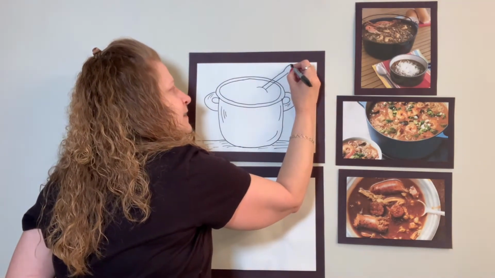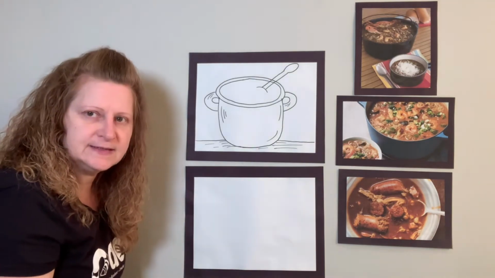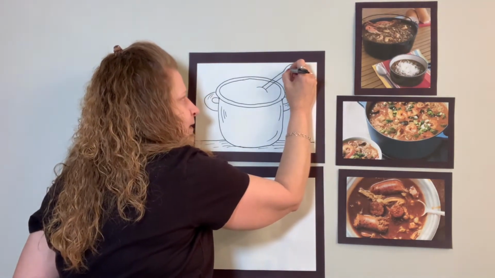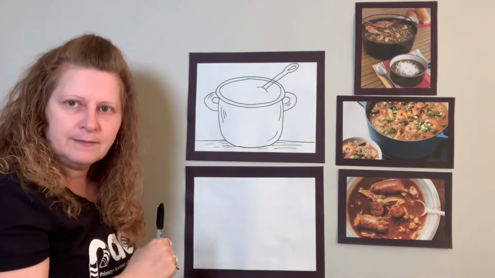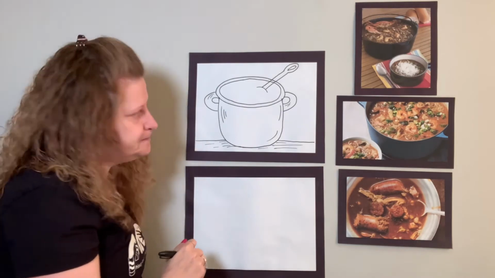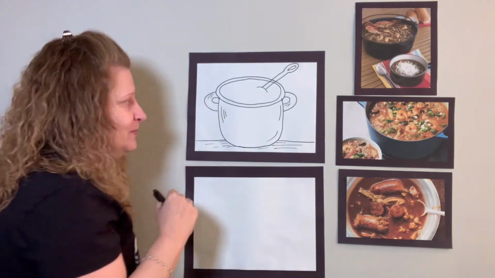And then I'm going to sort of make an oval at the end, just like this. Now a spoon usually will have a hole in the middle of the handle so that you can hang your spoon. There's my spoon that I'm going to stir my gumbo with.